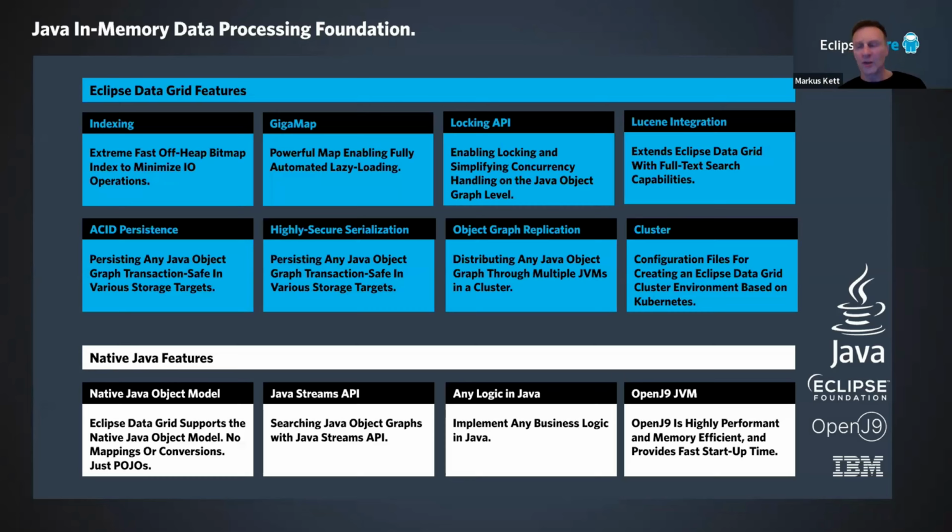Java developers have concerns about concurrency handling. With Java, you have multiple concepts for handling your concurrency on the object graph. But to simplify this, we have now also introduced a locking API. This is super easy to use, as easy as writing a database transaction.